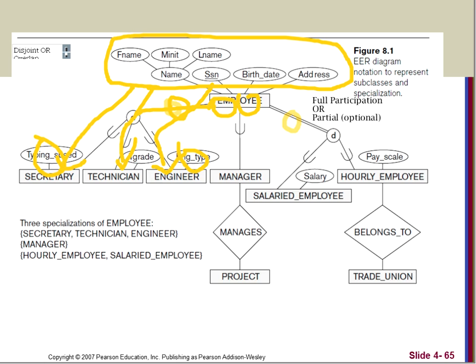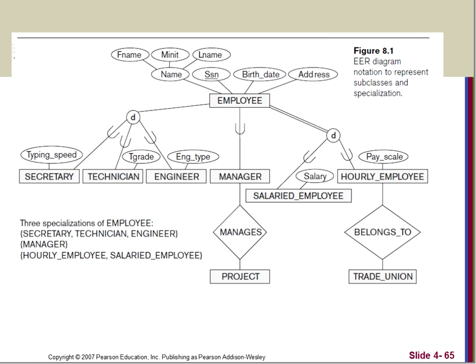That's the inheritance characteristic in the object-oriented concept, right? Then, what about the attributes on the subclasses? These are not inherited. They are for the subclass only. Like the pay scale is for hourly employees only, not general. So that is the first characteristic of the super and subclasses.